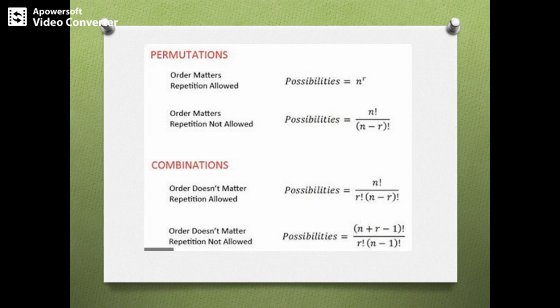As you know, in combinations, any repetition refers to one single combination, however many repetitions there may be. It's nothing but nCr. If repetition is allowed, the number of possibilities is (n plus r minus 1) factorial by r factorial into (n minus 1) factorial.